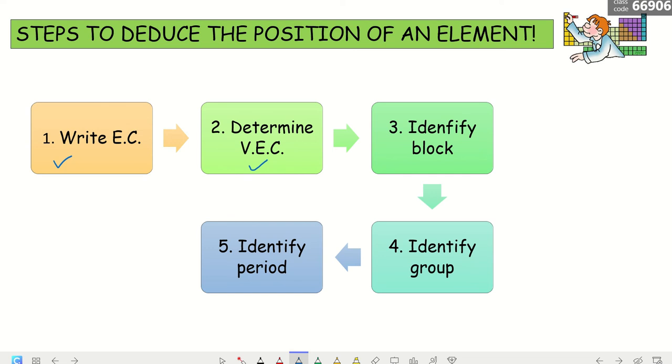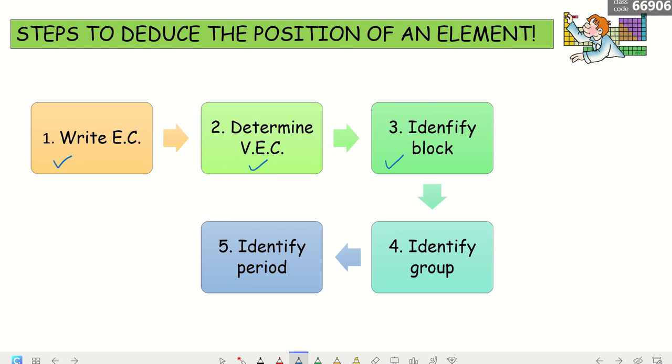From the valence electronic configuration, first you need to identify the block, because from the block we can determine the group. For block P, to determine the group we add 10 to the valence electron. For block D, you need to identify the valence electron correctly, because the valence electron is not the outer electron. So kita kena tengok macam mana.